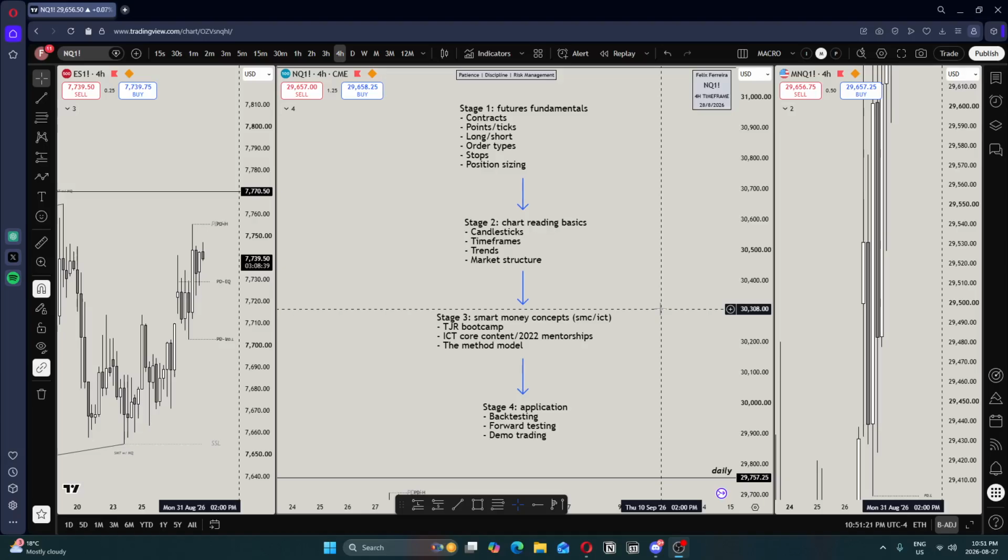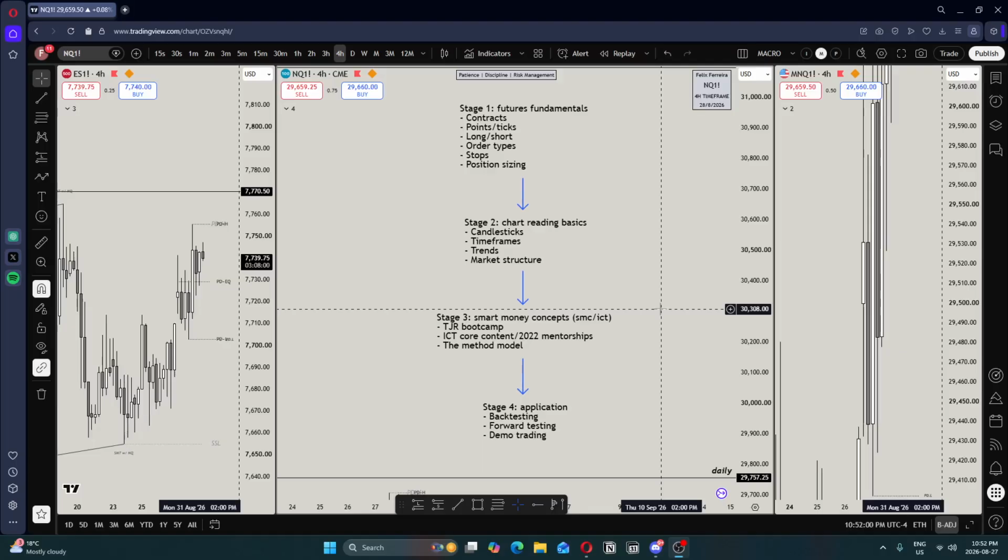But with the information provided from TJR's bootcamp, which is the complete basics, to be able to take all those confluences, those concepts, and combine them to create a strategy, to create a system which is both consistent and profitable, proven by data. So I put this server as the last option there, as this server is a great place to learn how to take all these concepts and create a model out of them.